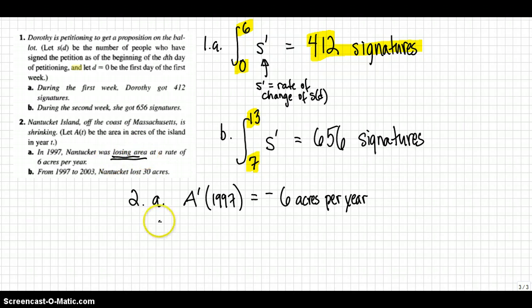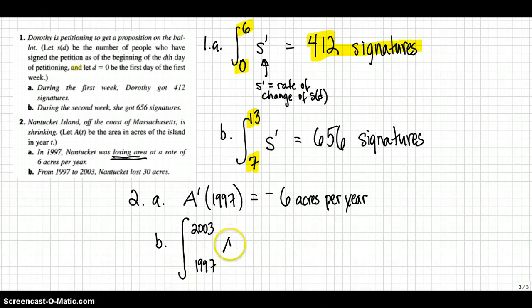Now look at 2B. 2B gives us a range. Anytime you are given a range of input values, that's kind of a good tip that you may be talking about integration. So here we're going from 1997 up to 2003. And it's telling us the total that we lost, not what we lost each year, but what we lost during that entire range. So that says use this great big S to sum up over all of the changes.